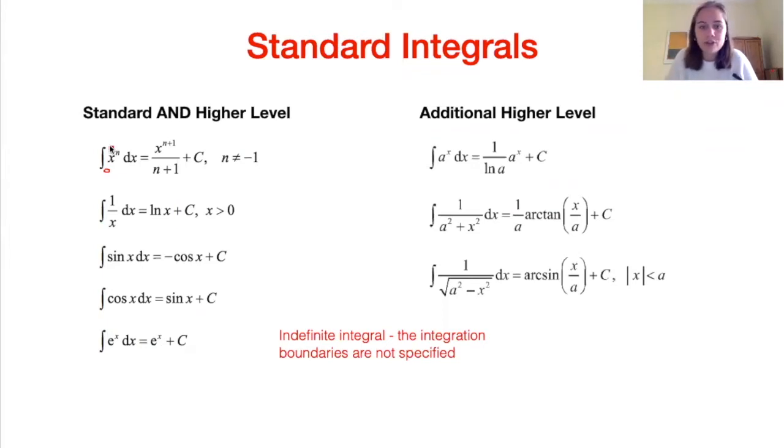It's just a general integral. Whenever we have an indefinite integral, this is accompanied by something called the integration constant, plus c. Now, what is the integration constant? It is added to all indefinite integrals.